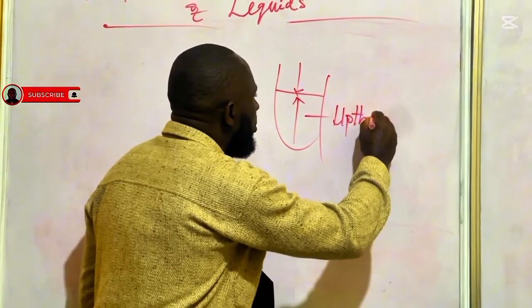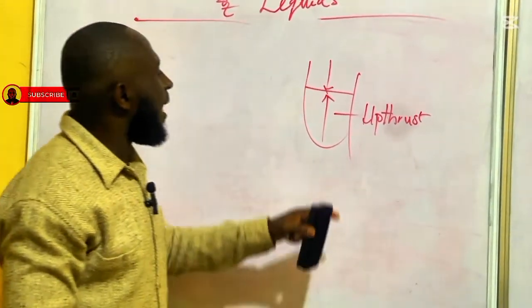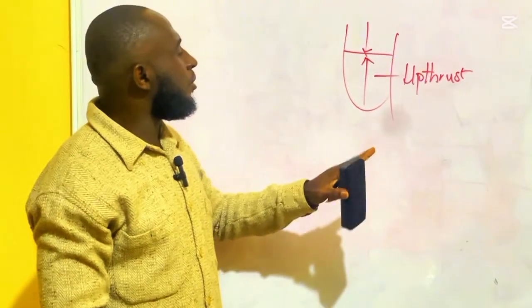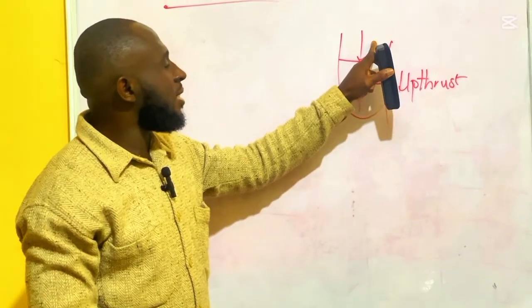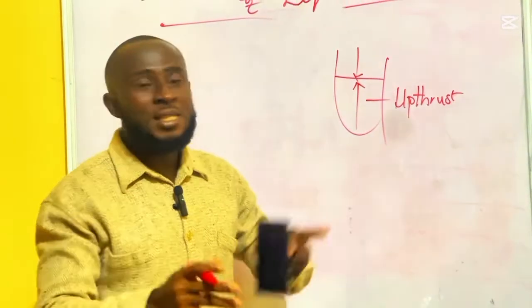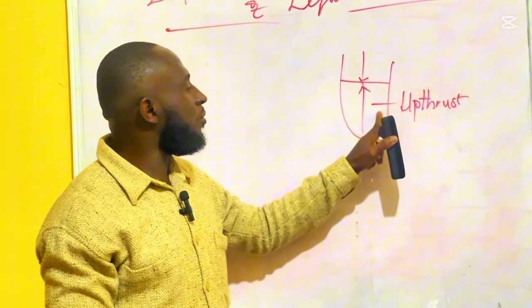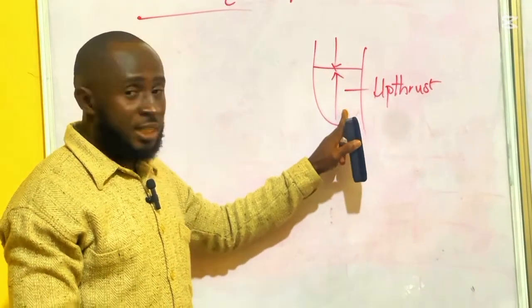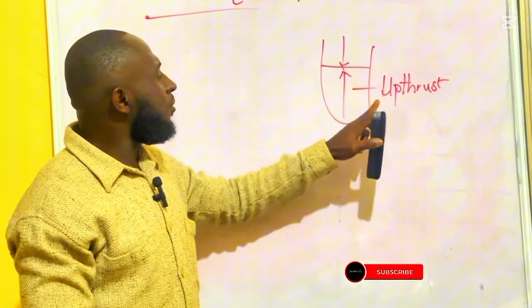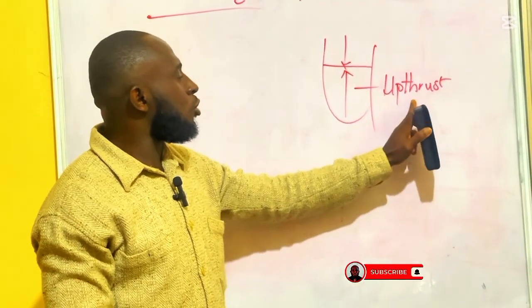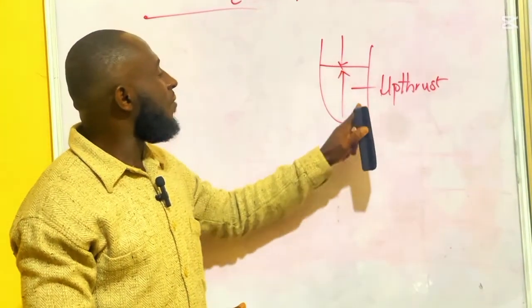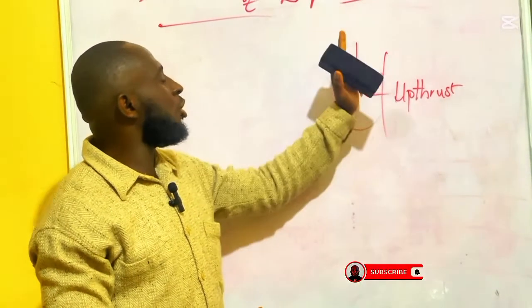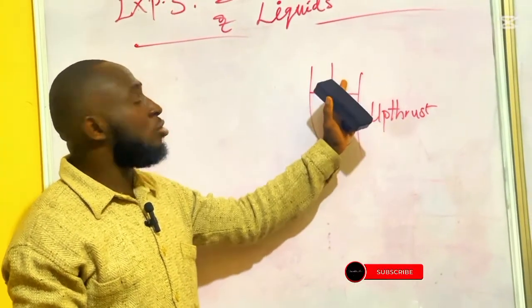This upthrust acts against the substance, and if the force of the substance is greater than the force of the upthrust, the object or substance will sink. But if the upthrust force, or buoyancy force, is greater than the force of the substance, it will push the substance up, making it float.